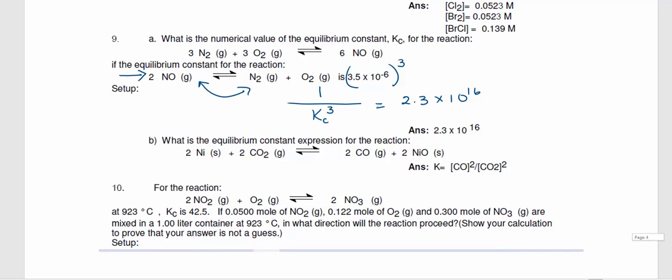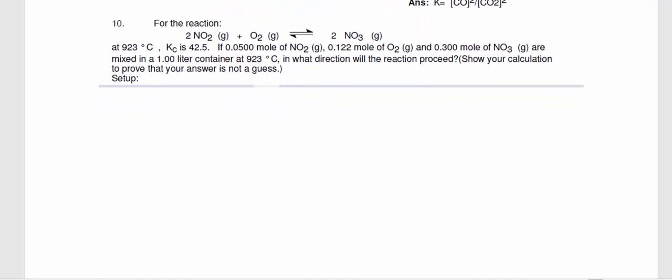And number 10, for this reaction, the Kc value is given as 42.5. If a half mole of NO2, so we have initial concentrations, and let's see, oxygen, 0.122 mole O2, and then we have 0.300 moles of NO3, and we're mixed in a 1 liter container, so these are also our molarities.